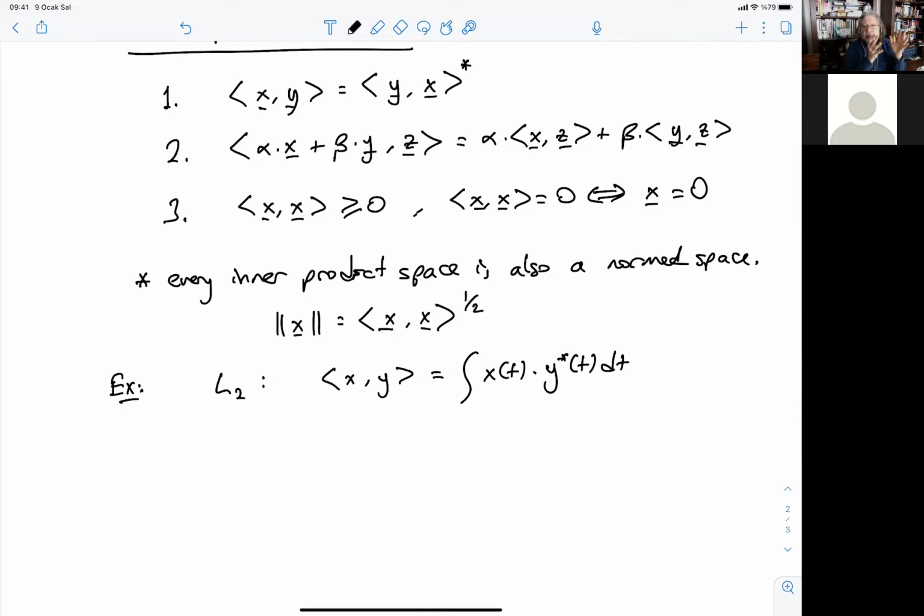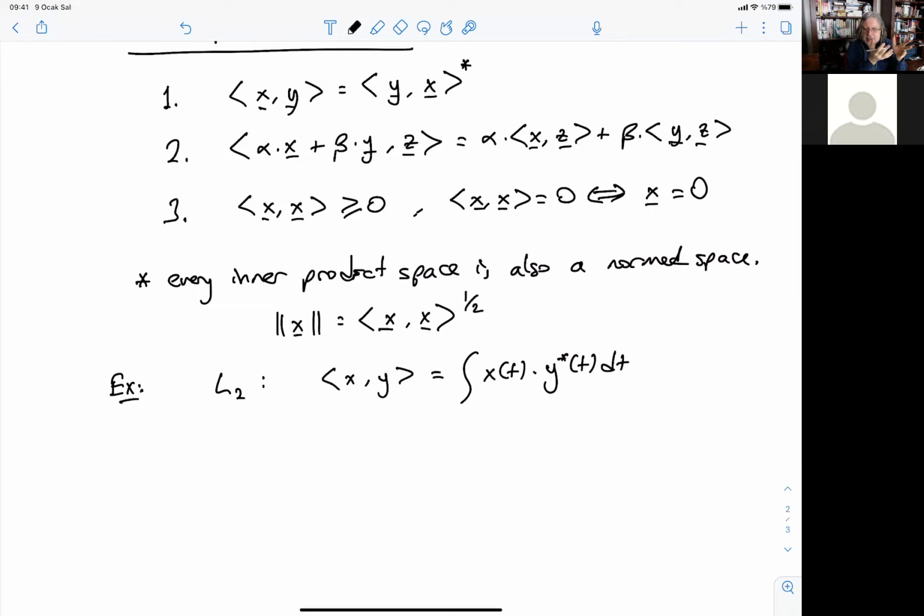So the inner product is very simple. We multiply element by element throughout the time index. We multiply the signal and then integrate. Okay, that will give you the inner product.